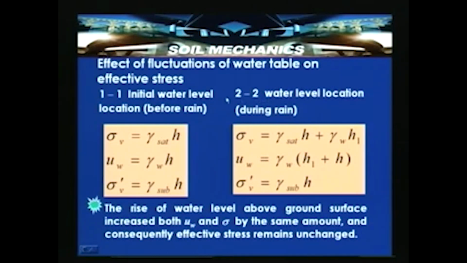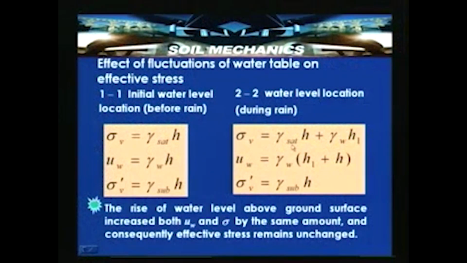And this water level location has changed because during rain there is an increase in height of water level, and it rose from ground surface by height h1 to go up to level 2. So, 2 is the water level location. In this case sigma v is equal to gamma sat h plus gamma w h1 and uw is equal to gamma w into h1 plus h. So, sigma v dash is equal to gamma sub h or gamma dash h.